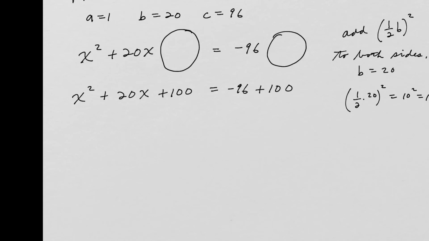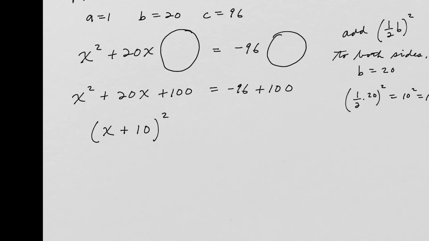Now, it turns out by doing that, by adding a half of b squared, it makes this left-hand side into a perfect square trinomial. In fact, the left-hand side ends up being x plus half of b, this is 10, squared.